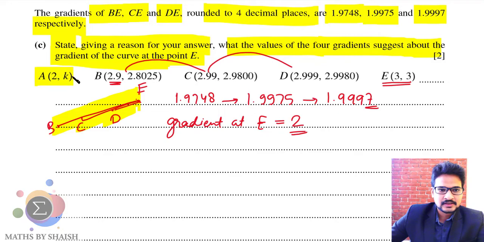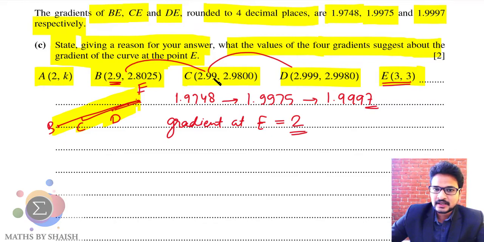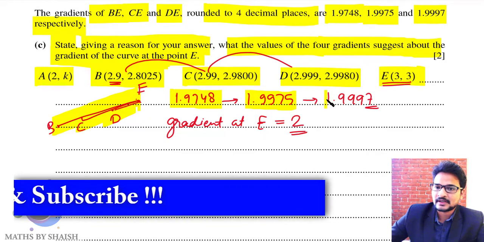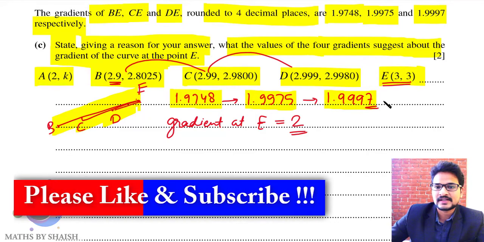So A is this, and in all these points we can see from B, because we have been given the gradient of B, C, D. B is 2.9, C x coordinate 2.99, D 2.999. So we are getting closer to E, because E x coordinate is 3, and in all the cases it is 1.9748, again closer to 1.9975, again closer to 1.9997 and so on.